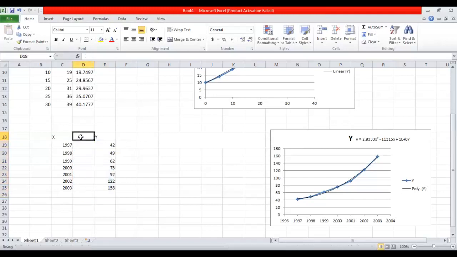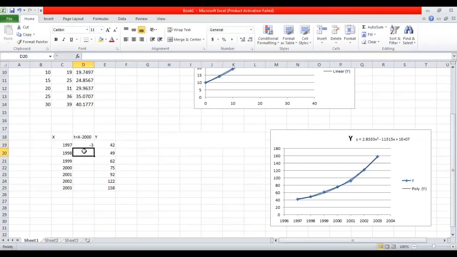So here for the given x values, I'll find t values. So that's t equals x minus a, that is x minus 2000. The middle value is 2000 itself, right? So here we find the first t value as x minus 2000.